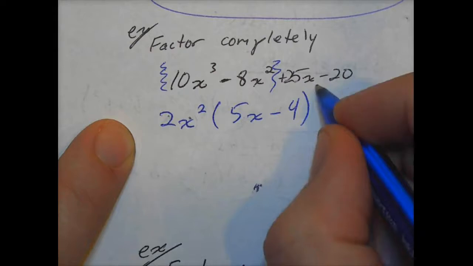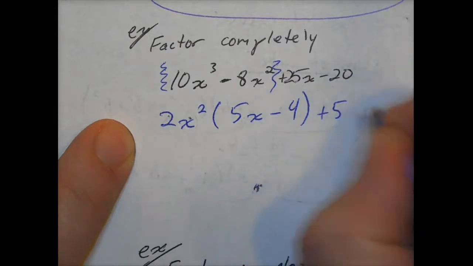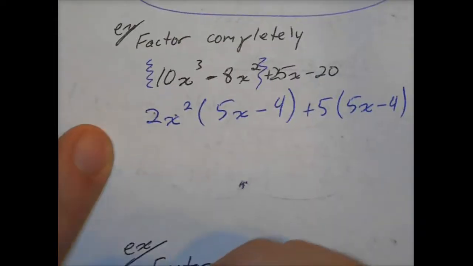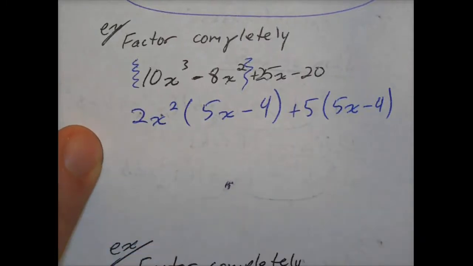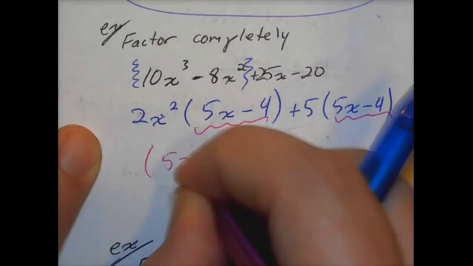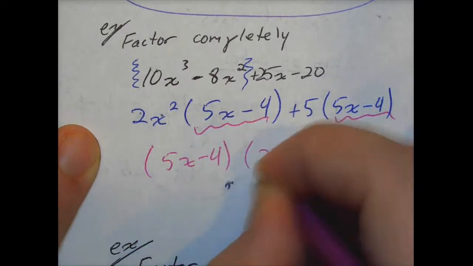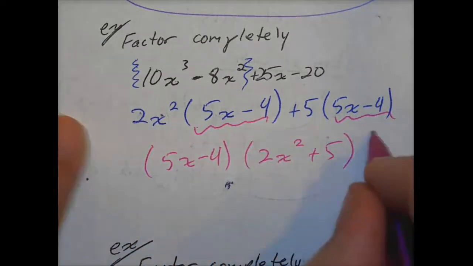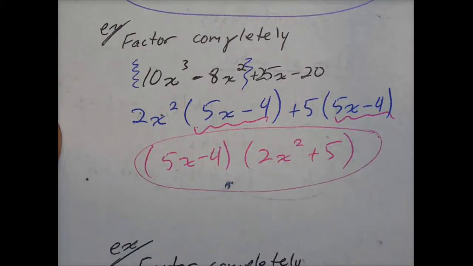Well, if I factor out 5, I get 5 times 5x minus 4. It has the common factor of 5x minus 4. So if I factor out 5x minus 4, I'm left with 2x squared plus 5, which will not factor any further. So that would be the solution I expect to see.